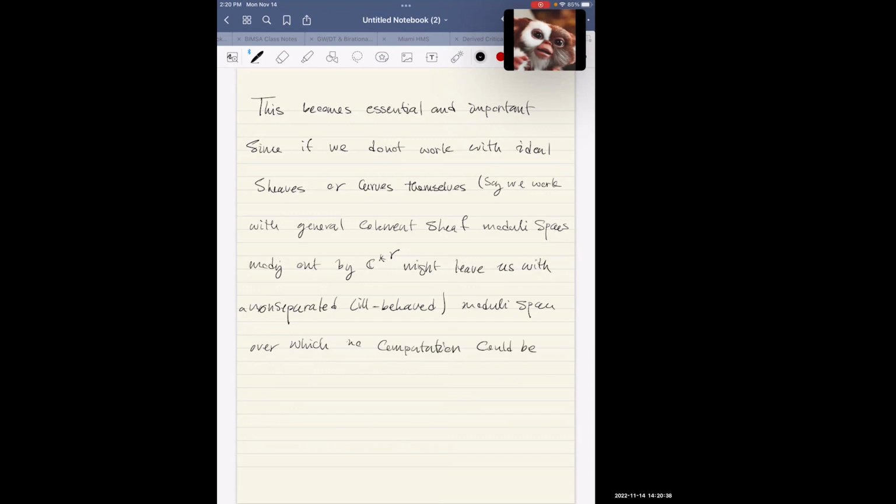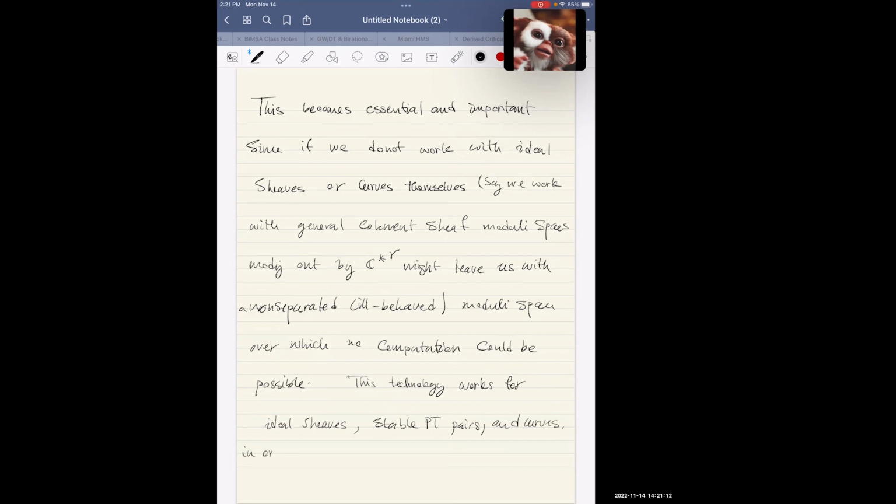So this technology so far works for ideal sheaves, what are called stable PT pairs, which I didn't talk about, and curves.